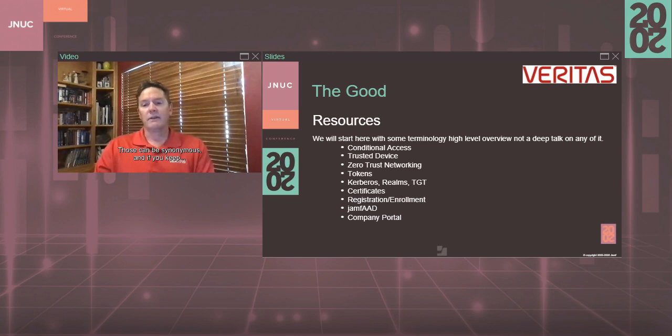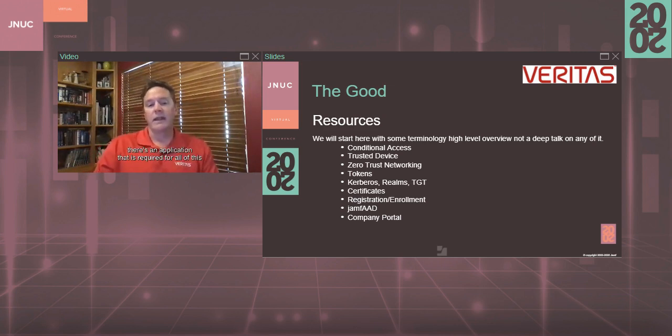Some of the other terms we have are registration and enrollment. Those can be synonymous, but just be aware that there's enrolling in Jamf and registration with Intune. After you enroll into Jamf, there's a nice little tool called Jamf AAD, and it does the workplace join and gets the data over to Azure so that your system can be told whether it's compliant or not.